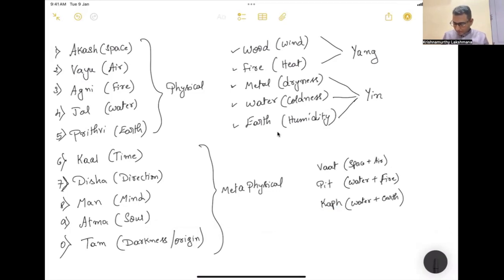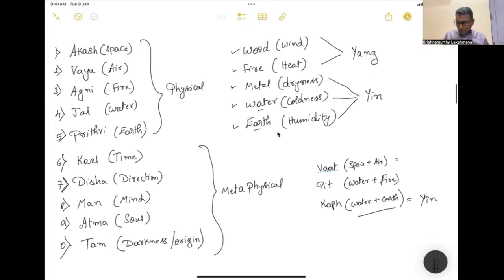Now, here we have water and earth. Here also we have water and earth. So, Kaph is more yang or yin? Yin. Yes, sir. So, Kaph is yin. Then, between Pit and Vat, which is more yang? Vat is more yang.